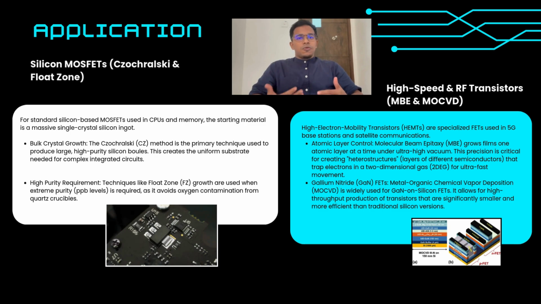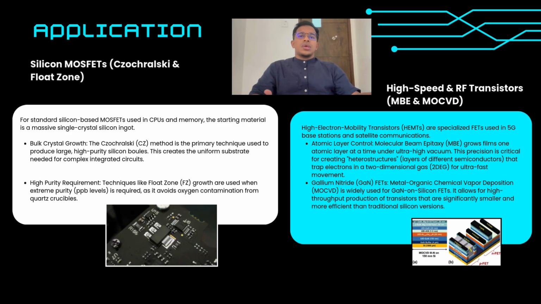The second application is high-speed and RF transistors. Since we are moving into 5G communication and satellite tech, standard silicon hits its limit. This is where specialized FETs like high electron mobility transistors come in.